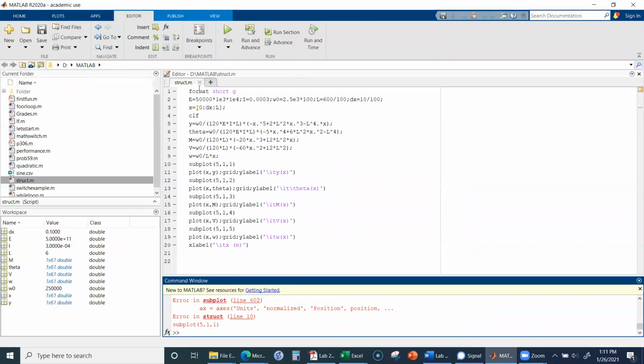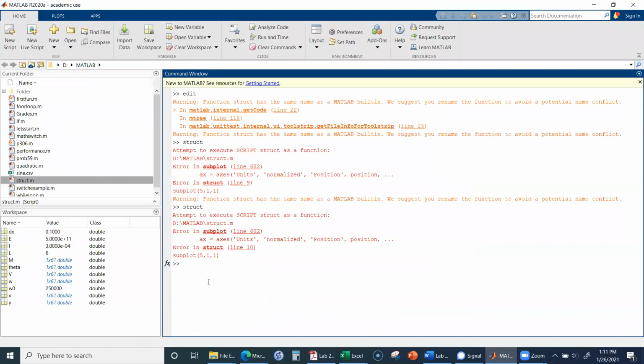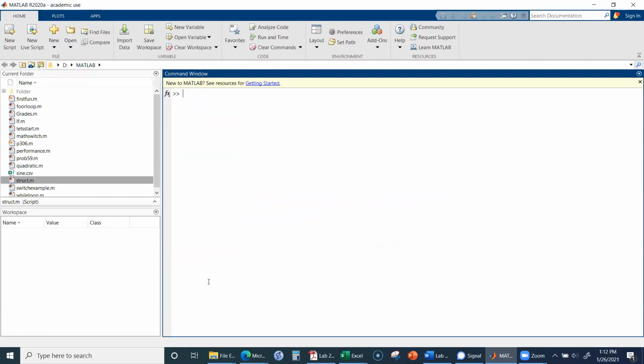Okay, let me close this and clear, clc. So for finding help for any command, for example, you will type the command help, and then the command you want. We have used the command subplot, so you will put help subplot.